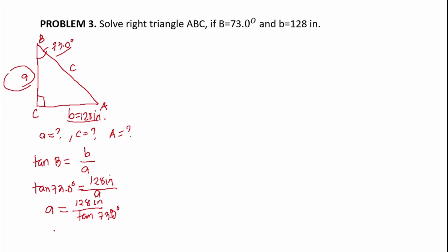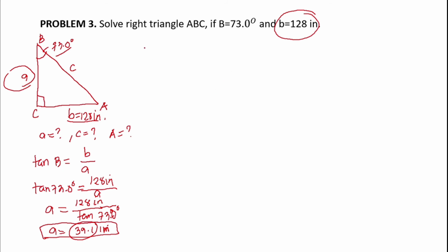Using a calculator, 128 inches over tangent 73 degrees, we have a is equal to 39.1 inches. Take note, we have it in 3 significant figures because the given is in 3 significant figures. So we have 39.1.